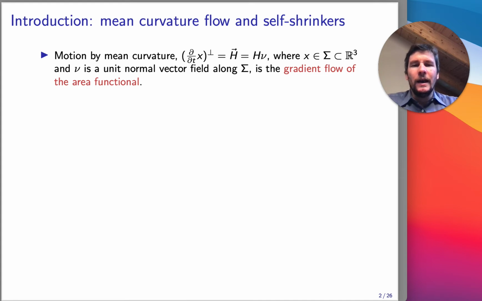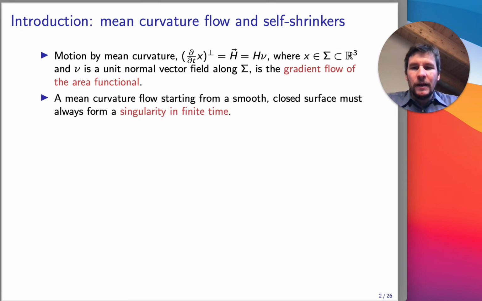Okay, and now this mean curvature flow is the gradient flow of the area functional, and in that regard, that means it will decrease area and try to evolve the flow to something nicer and more regular.